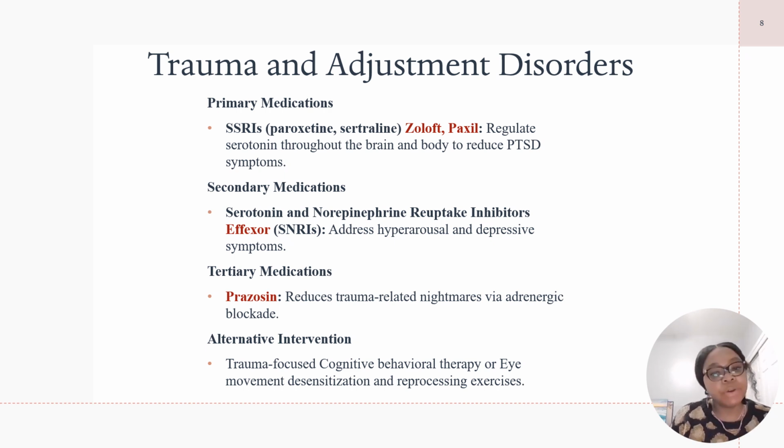And then the tertiary medication, prazosin, reduces trauma-related nightmares via adrenergic blockage. And then we have our alternative intervention, which is trauma-focused cognitive behavioral therapy or eye movement desensitization and reprocessing exercises.